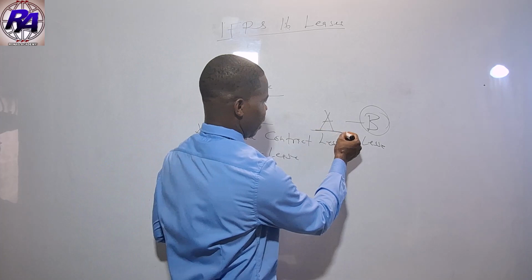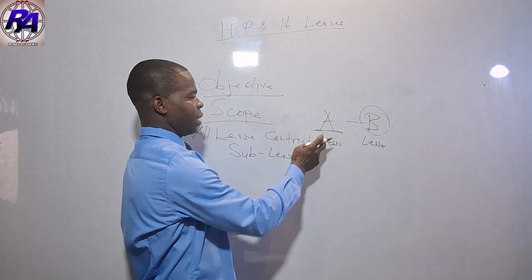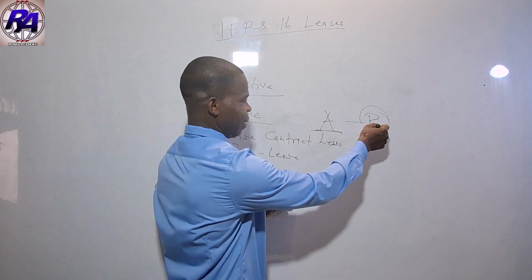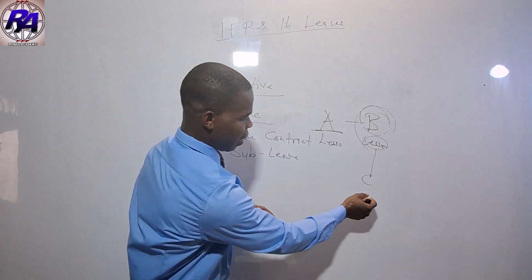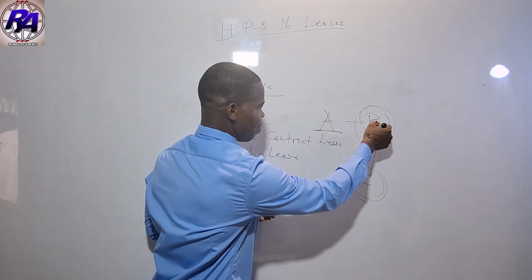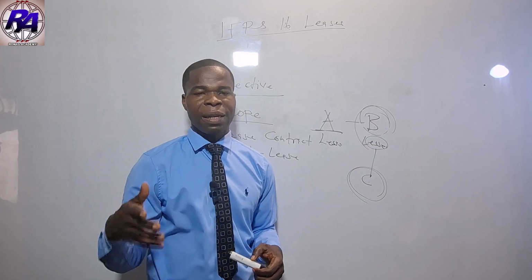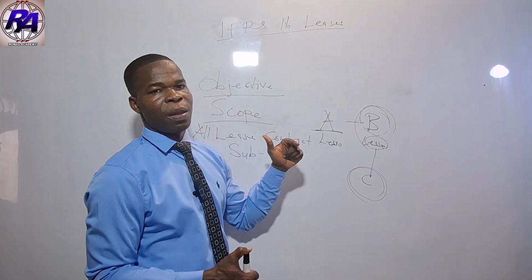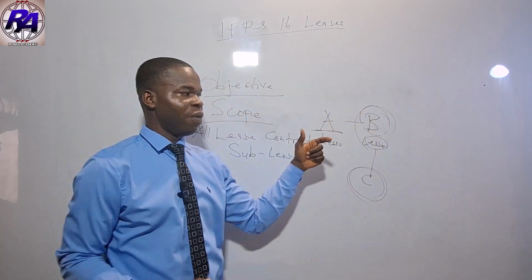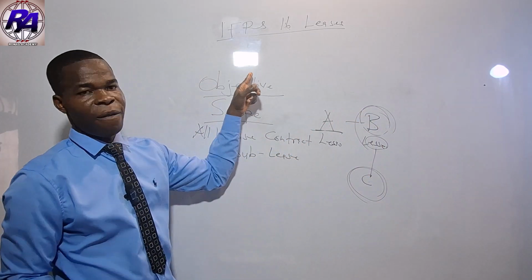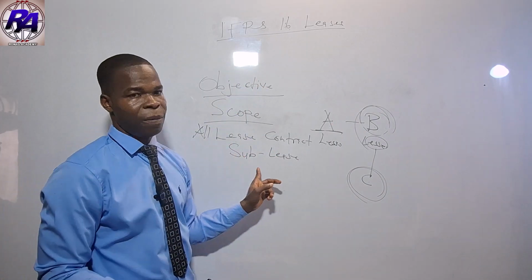So this lessee, B, has obtained an asset from A, and B has also leased the asset to C. Then this particular transaction between B and C will be regarded as a sublease. It is when the right-of-use asset is leased again to a third party. That is when we say it's a sublease. And IFRS 16 covers all lease contracts, including sublease.